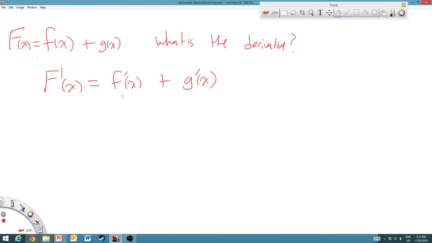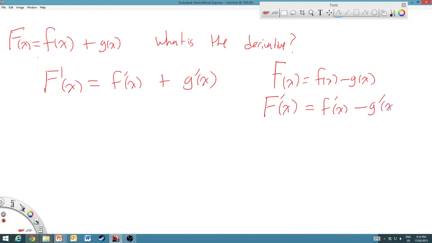But anyways, if I have two functions together, the derivative ends up being just the addition of it. And the same is true if I have a function where it's one function minus another function. The derivative of this ends up being the difference between the derivatives. So f prime minus g prime.